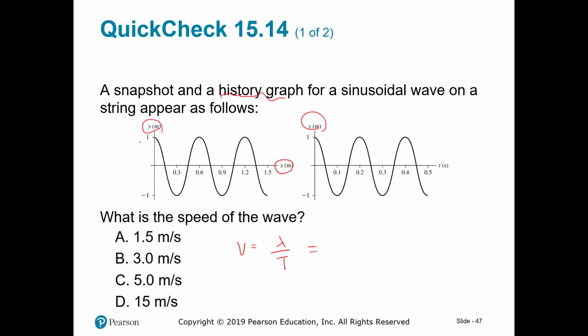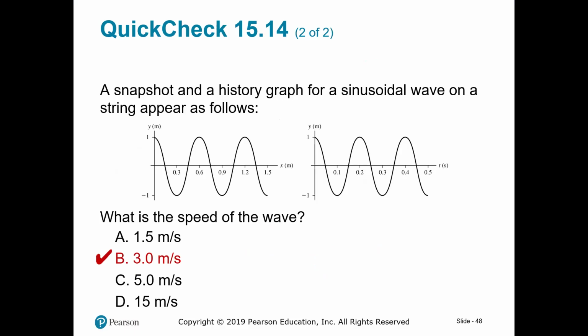How much distance do you travel from here to here? It is 0.6 meter. During that time, how long did it take? 0.2 seconds. So this is 3 meters per second, the wave velocity.